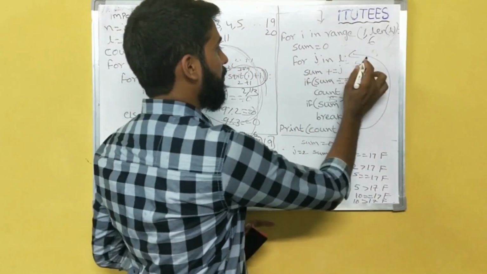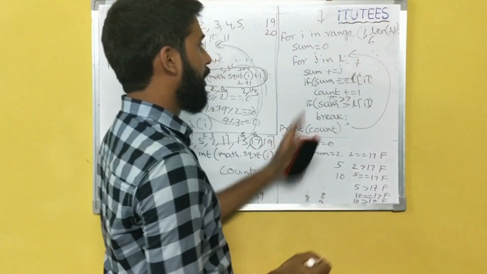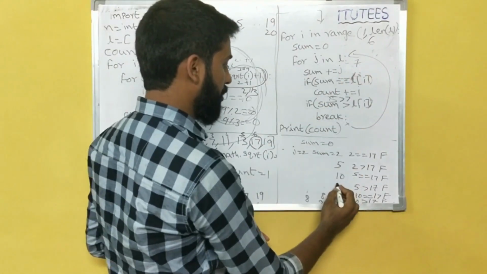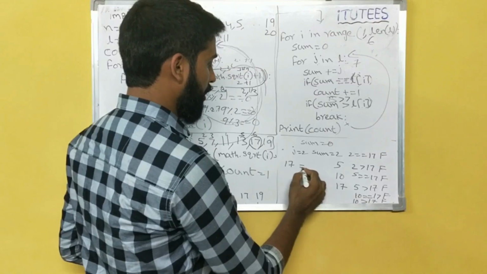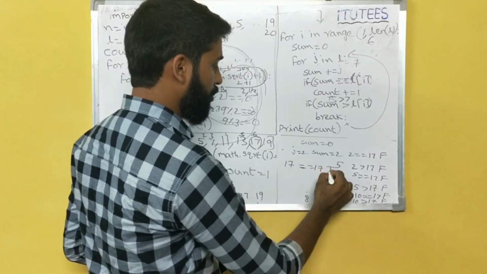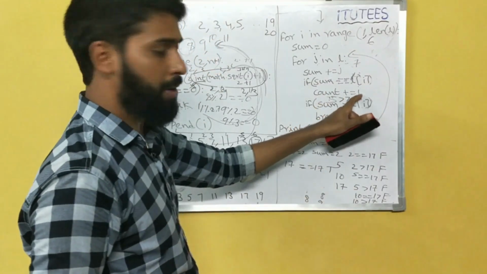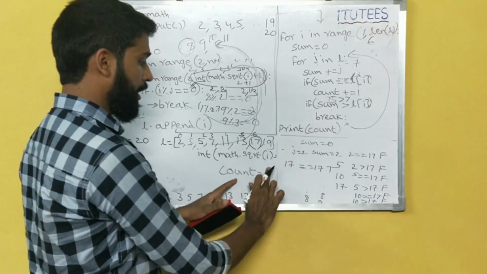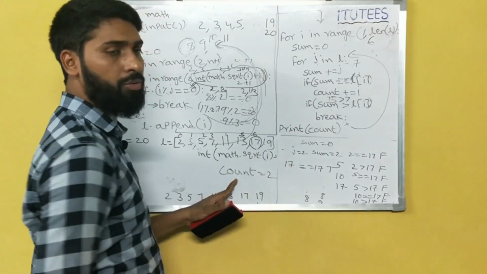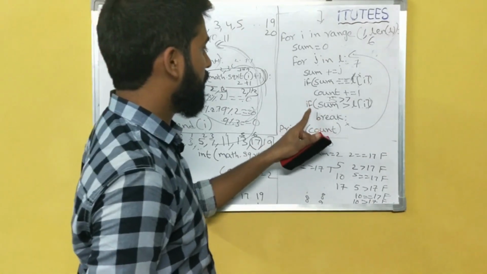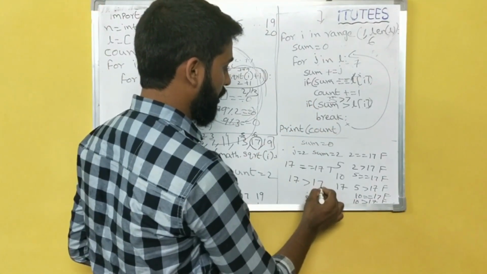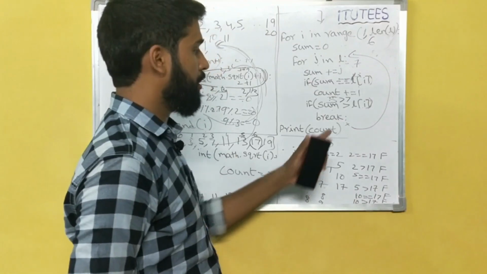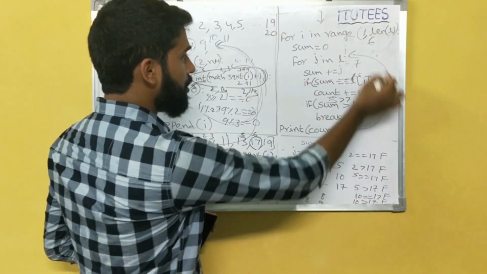The next value 7. 10 plus 7, sum equals 17. 17 equals 17, true. So the count is incremented by 1. Already it is 1, incremented by 1 means 2. Then 17 greater than 17, false, so go execute this.